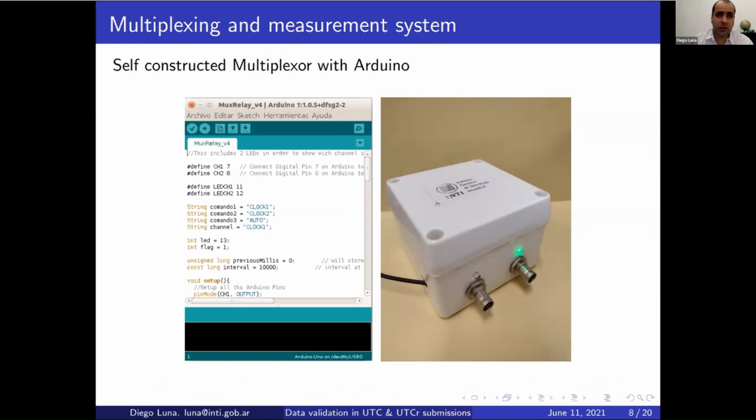We had some doubts at the beginning when we built this multiplexer because of the impedances at the input and the output, but we measured the shape of the pulses before and after the multiplexer, and we noticed that there was no distortion in the shapes of the pulses, so we adopted the system and we use it in a permanent way.